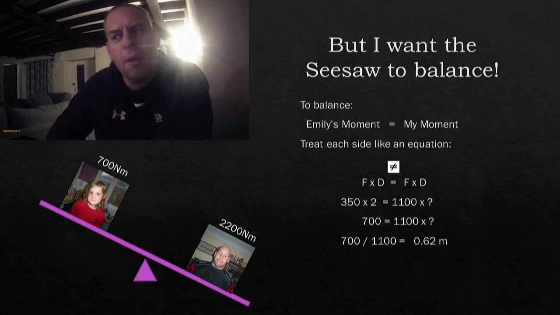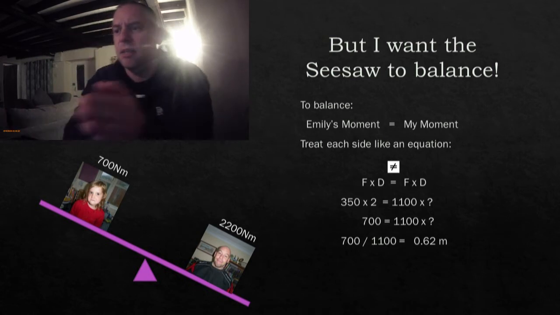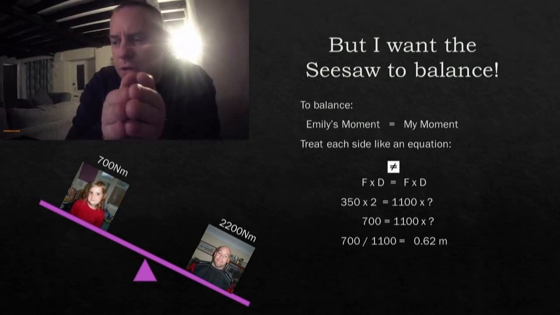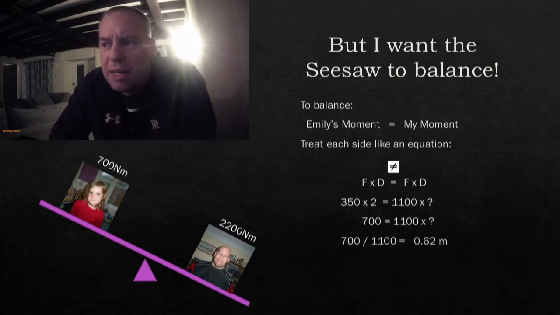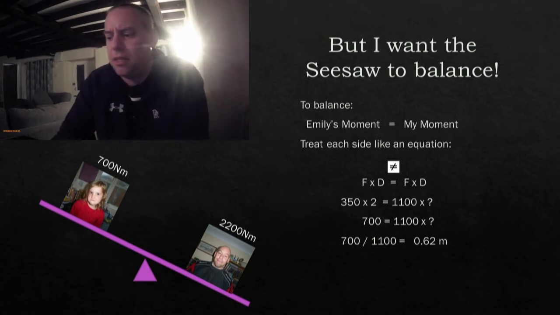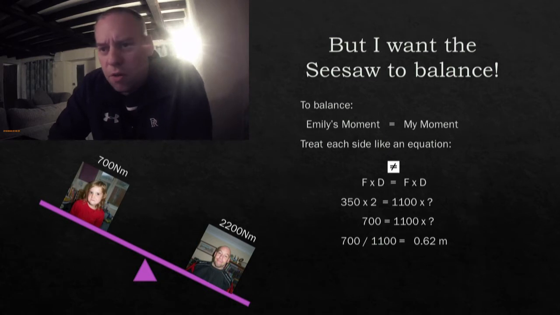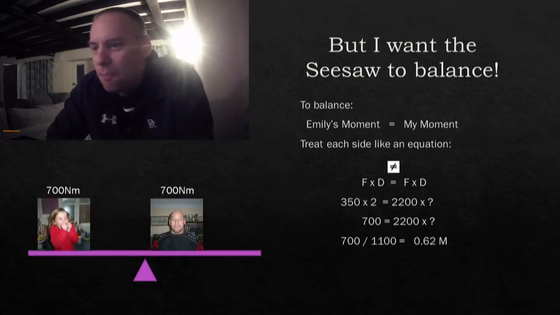Now, if I've got times 1,100 on one side, to move it across, I need to divide it by 1,100. So on the other side, I've now got 700 divided by 1,100. And if I put that into my calculator, that gives me a value of 0.64 meters. So if I shuffle along the seesaw and I sit at 0.64 meters away, then we balance, and look how excited Emily has become. Isn't that nice?